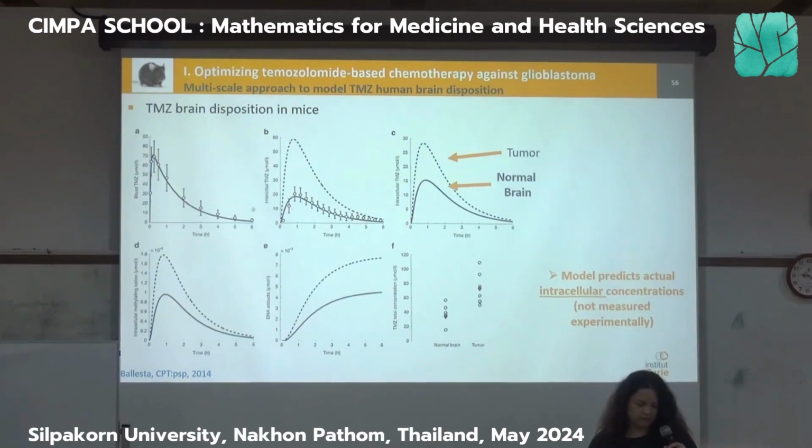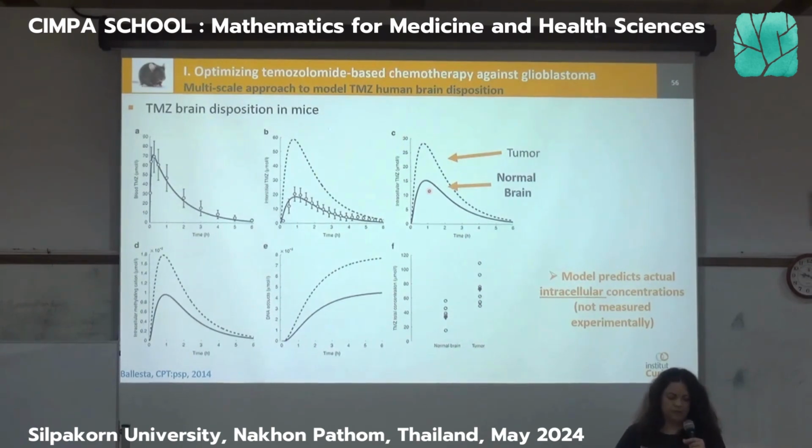So, as you can see here, in the interstitial fluid, we have more or less a threefold difference between the interstitial concentration of the normal versus tumor. But here, because of the kinetics of the tumor, when you look at the actual intracellular compartment, now it's only a twofold difference. So as you can see, the cancer cells are actually better at defending themselves by not accumulating the drug as compared to the normal brain.